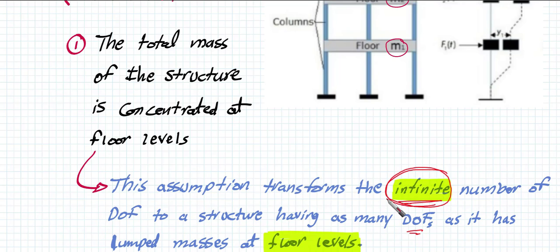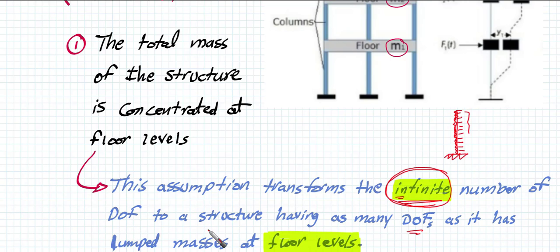That is transforming this system from having an infinite number of degrees of freedom, because if we have a column and the mass of the system is represented as continuous mass, this means that every single point is going to have a degree of freedom, right? Then we have an infinite number of degrees of freedom.